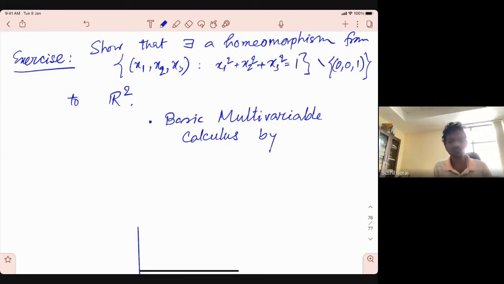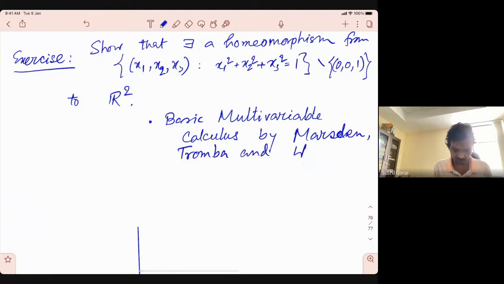This has a lot of pictures, and Spivak doesn't have many pictures, so you will be interested in looking at this one. It is by Marsden, Tromba, and Weinstein. All three are great mathematicians.